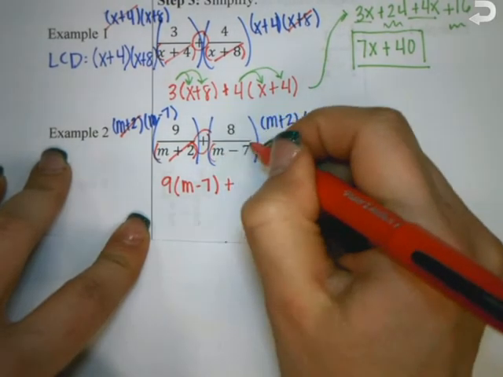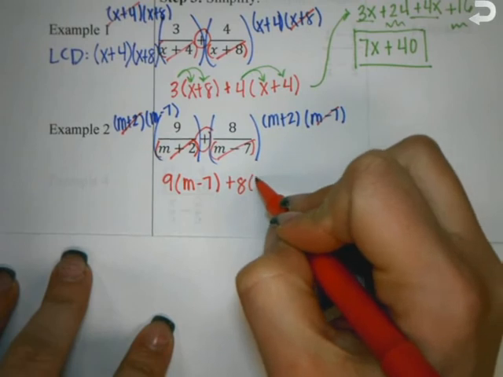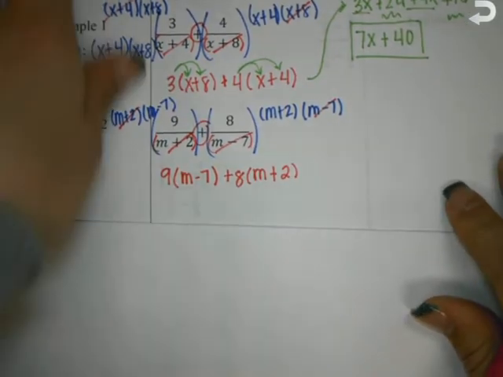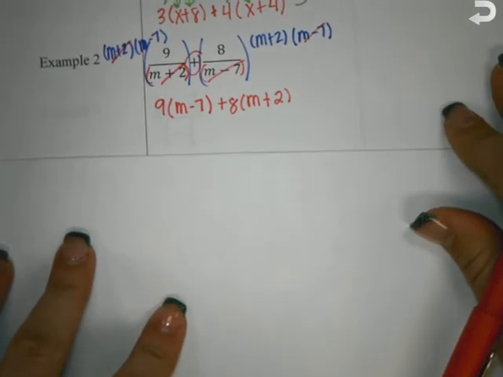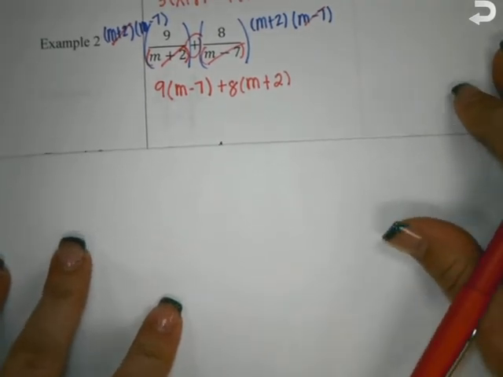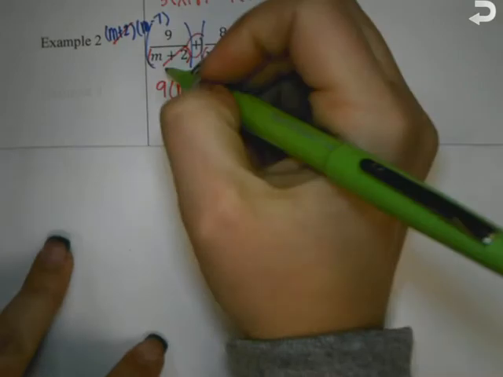So that's going to be plus 8 times m plus 2. Okay, what's my next step? Very good, distribute. So let's distribute the 9 and distribute the positive 8.